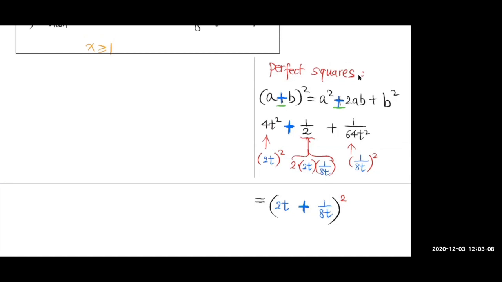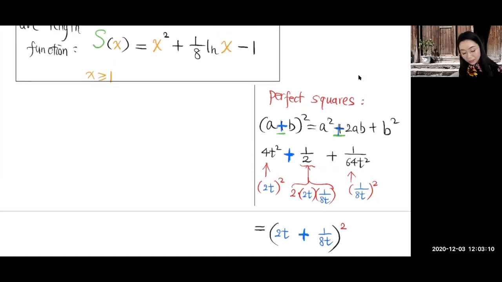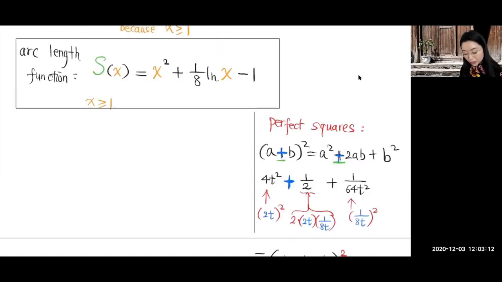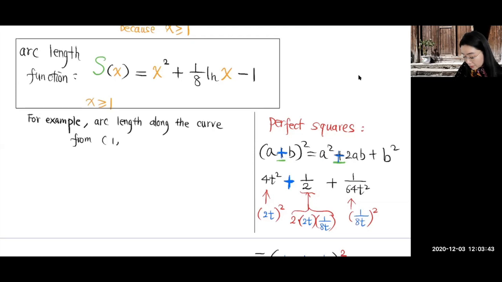Yes, thank you. Okay. So now we find the arclength function. For example, if you try to find the arclength along the curve from (1, 1) to (3, f(3)), then that will correspond to s of 3.